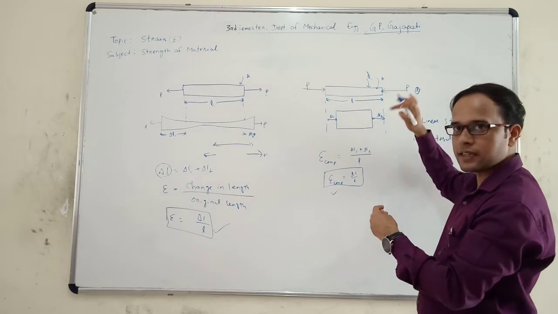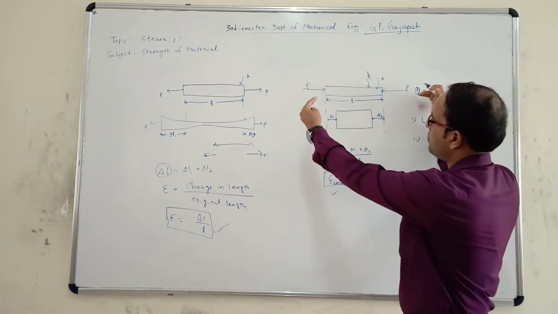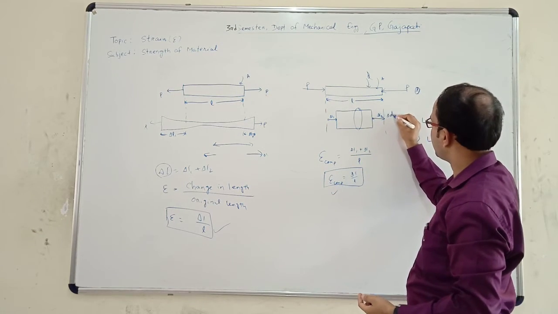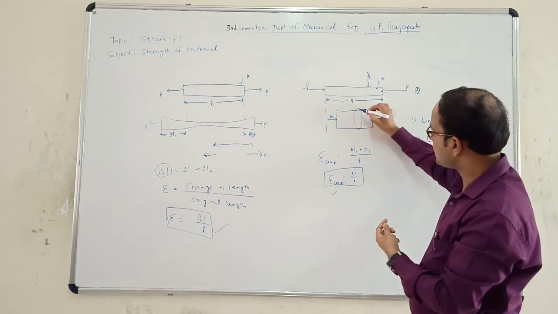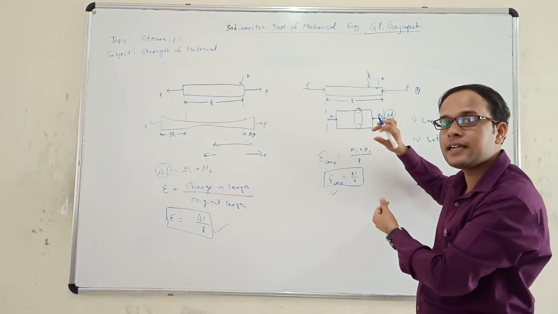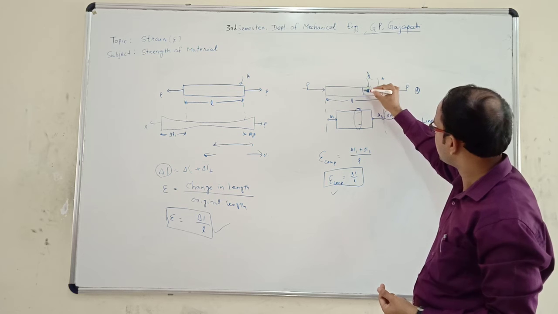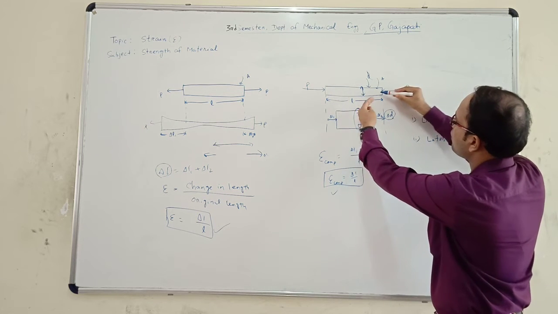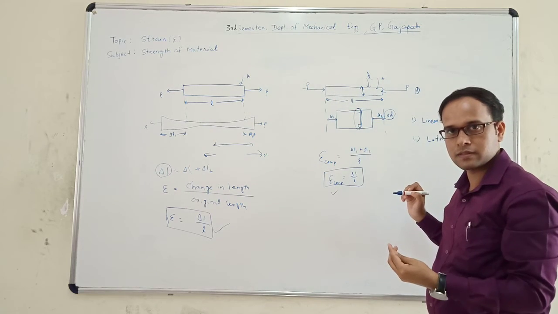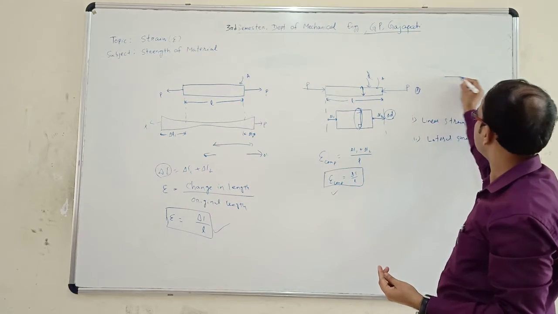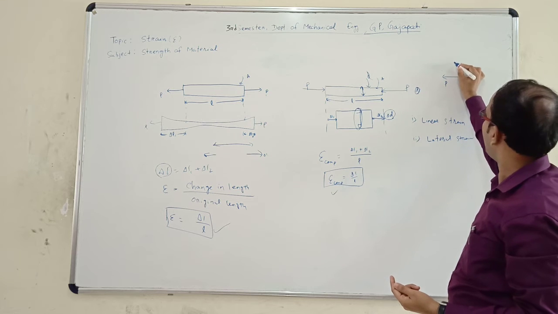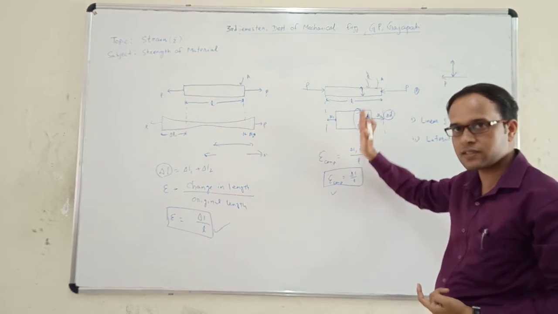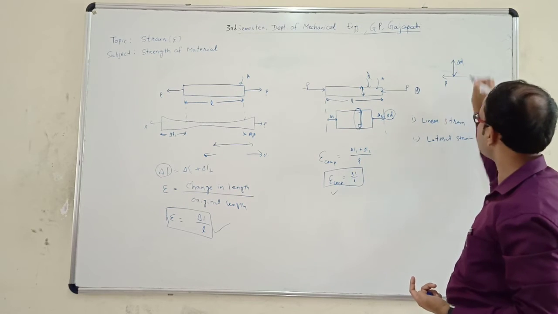After the application of this P, the diameter changes by delta D. This change in dimension occurs perpendicular to the application of force. This is the direction of P, and we are taking the change in dimension in the lateral or perpendicular direction, that is delta D.